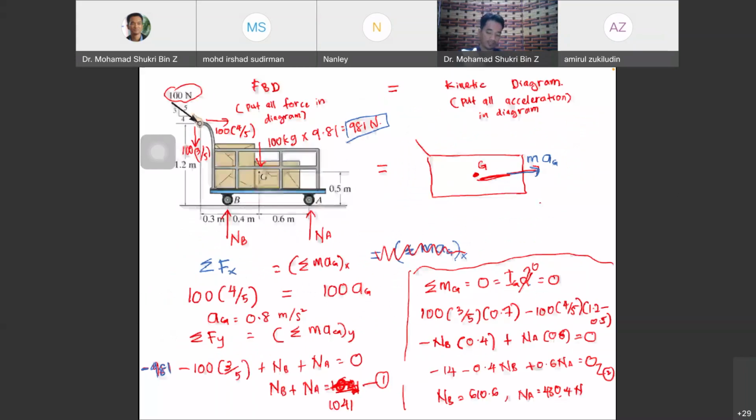Summation of Fx equals m Ax, summation of Fy is equal to m Ay, and summation of moment about G is equals to 0. Okay, is equals to 0. Okay, so ini adalah untuk bahagian rotation. Soalan tak setakat ni?